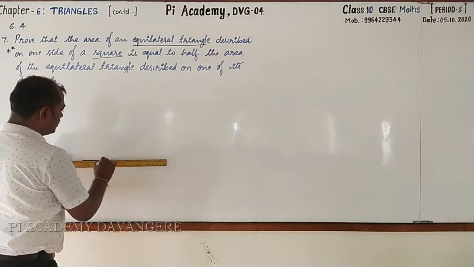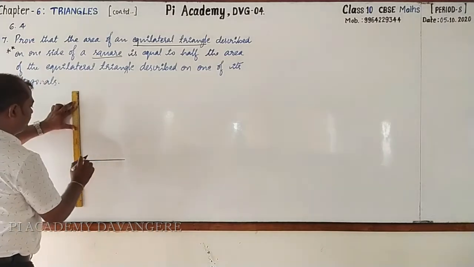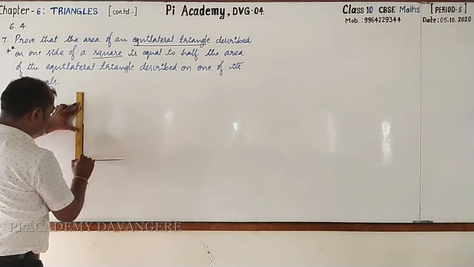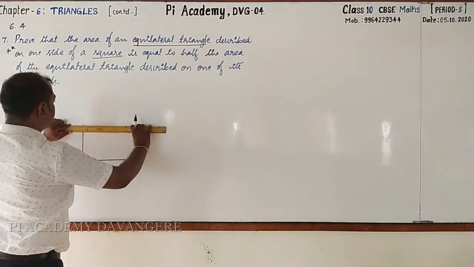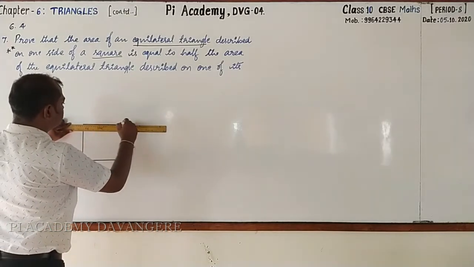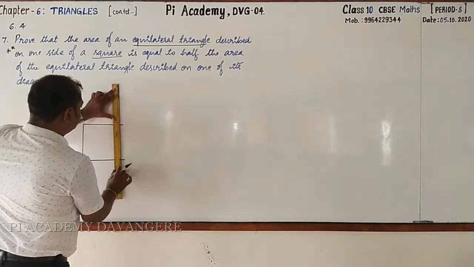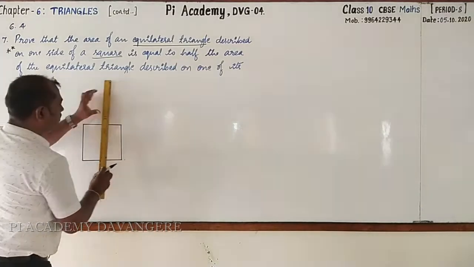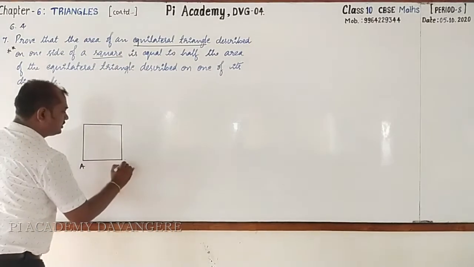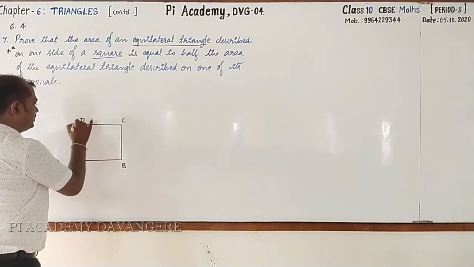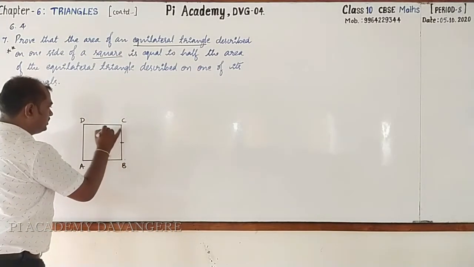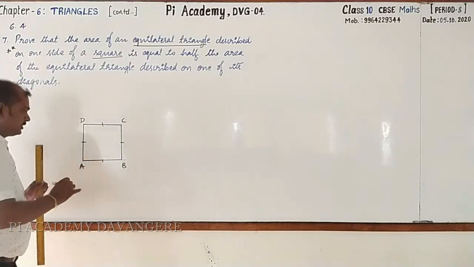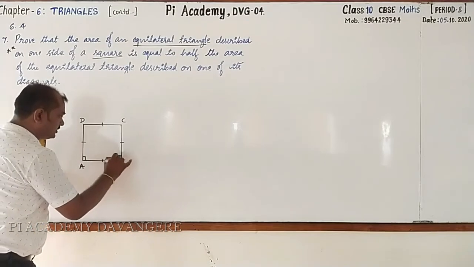First, I'll draw a square. And you all know that a square is a quadrilateral in which all sides are equal and each angle is 90 degrees, right? Here, let us name this square as ABCD, in which all sides are equal. I am showing with the markings, and each angle is 90 degrees.